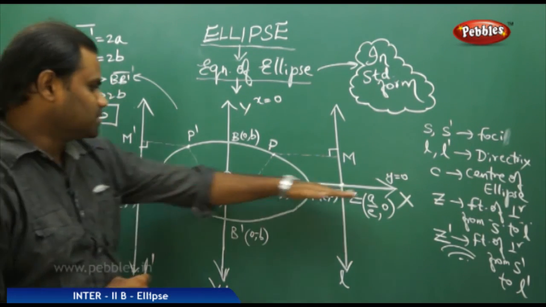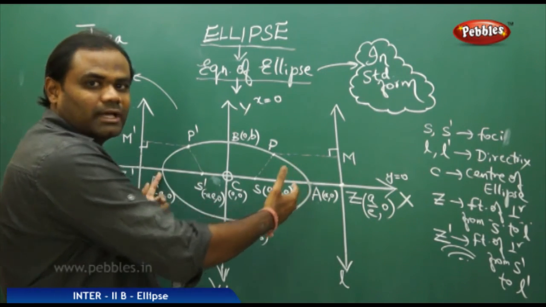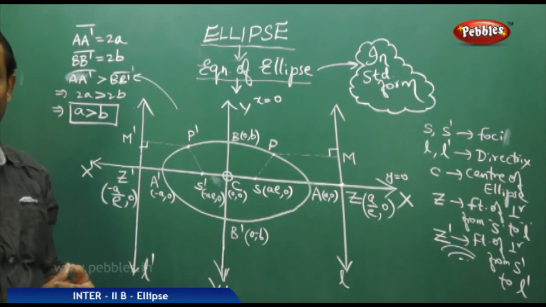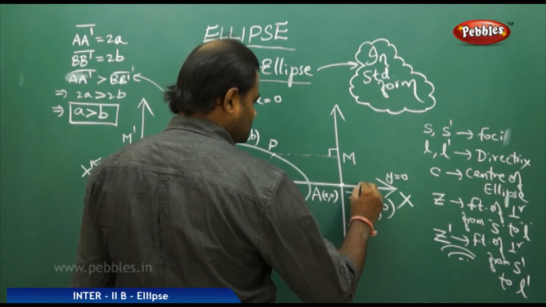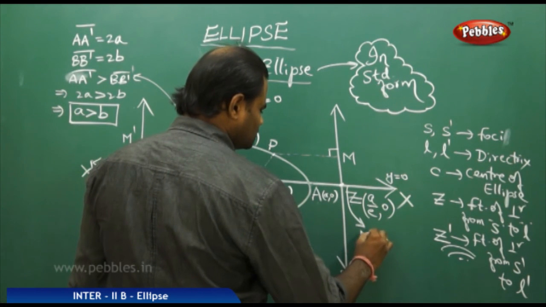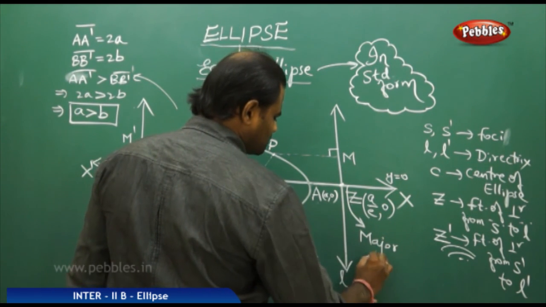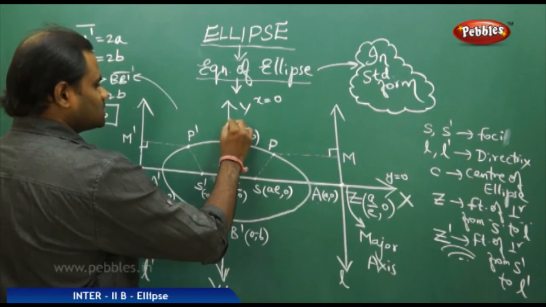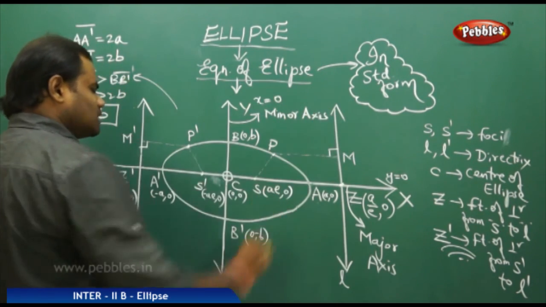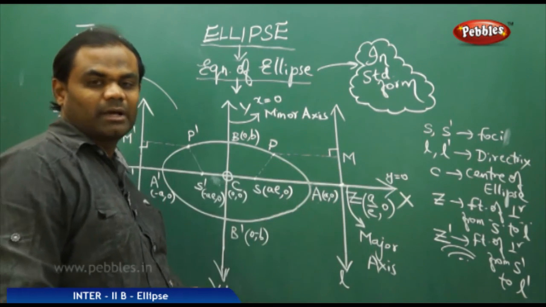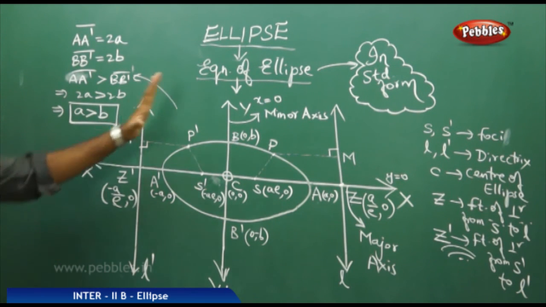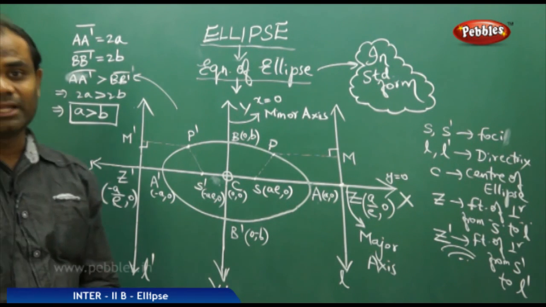This is called the major axis because it has the major segment of the ellipse, and this is called the minor axis because it has the minor segment of the ellipse, with the major segment along the x-axis and the minor segment along the y-axis. Now with this, we are going to define the equation of the ellipse in standard form.